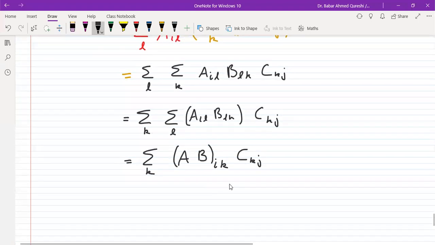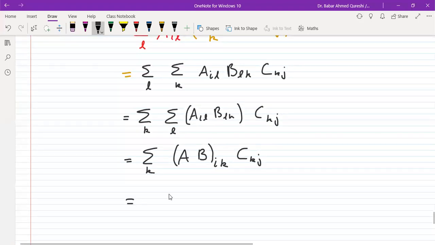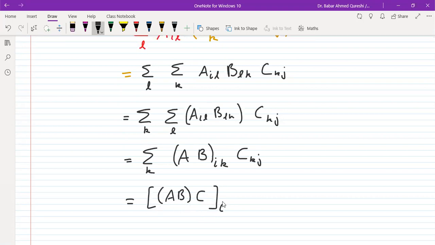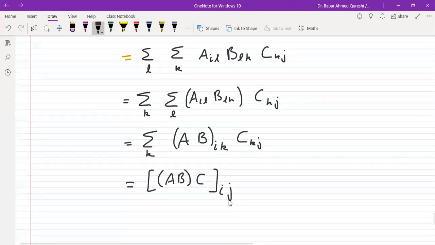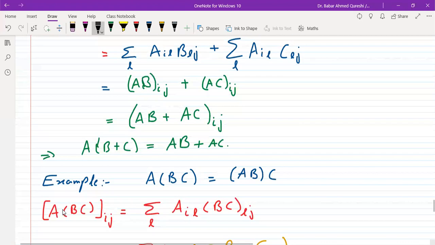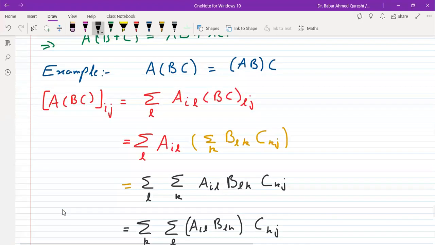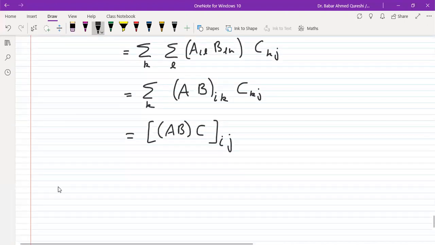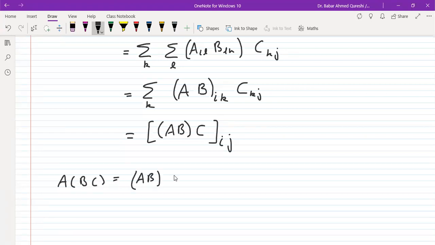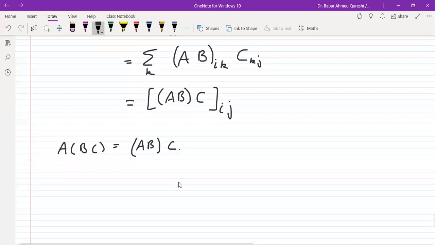But this is just the definition of the ith, jth component of this matrix multiplied with C. So you have proved, because the ith, jth components of the two sides match, that the two matrices are the same. So these techniques prove to be very useful.